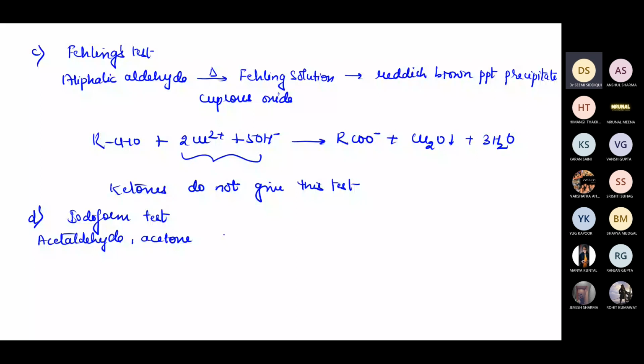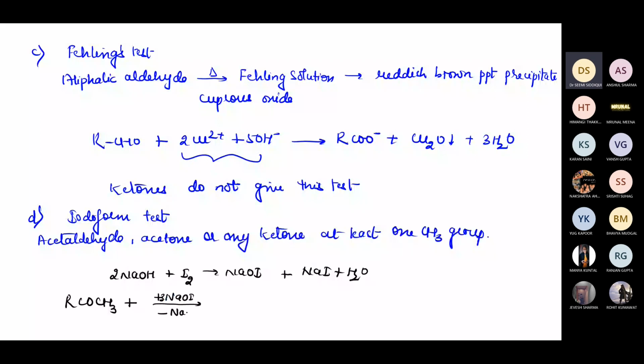Okay, so it is going to be 2NaOH plus I2. It gives NaOI plus NaI plus H2O. If we take a ketone with 3NaOI minus NaOH, it gives a carbonyl chloride.